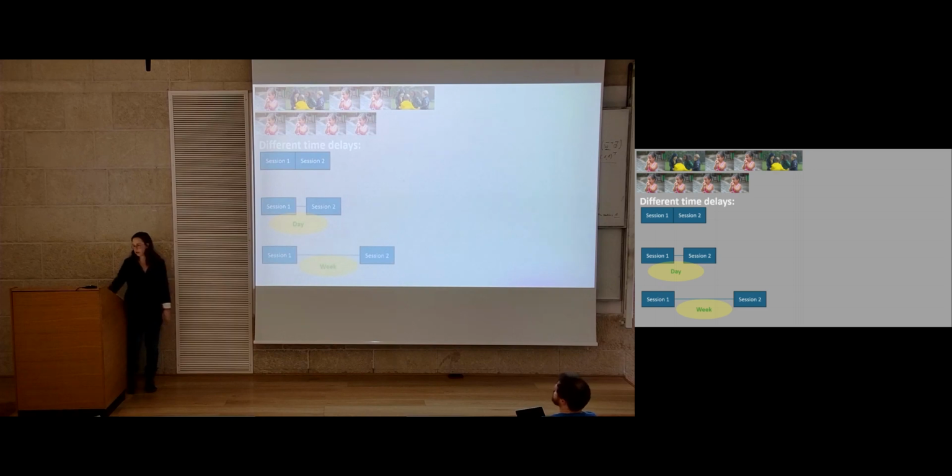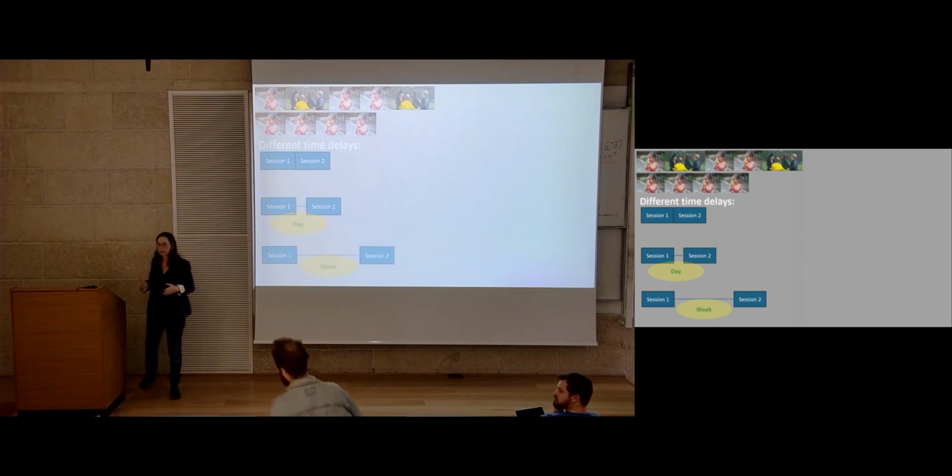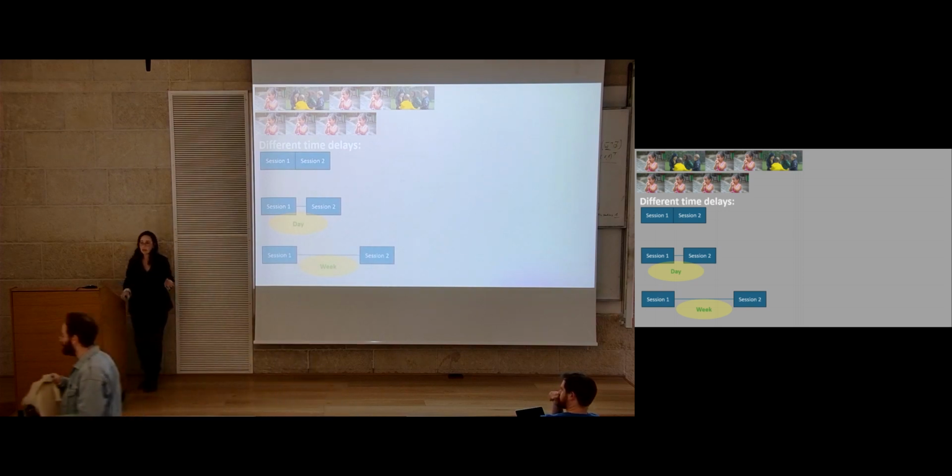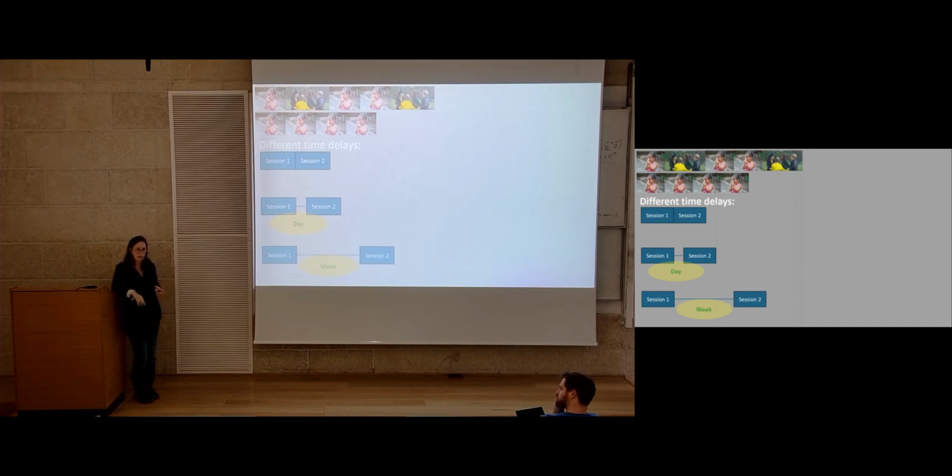To test and model this question, we used different repetitions of this task. Before, I showed data of just one repetition. Now we had 2 sessions of doing the same closed loop task. We had sessions separated by 1 day, sessions separated by 1 week, and sessions interleaving between closed loop and open loop tasks.